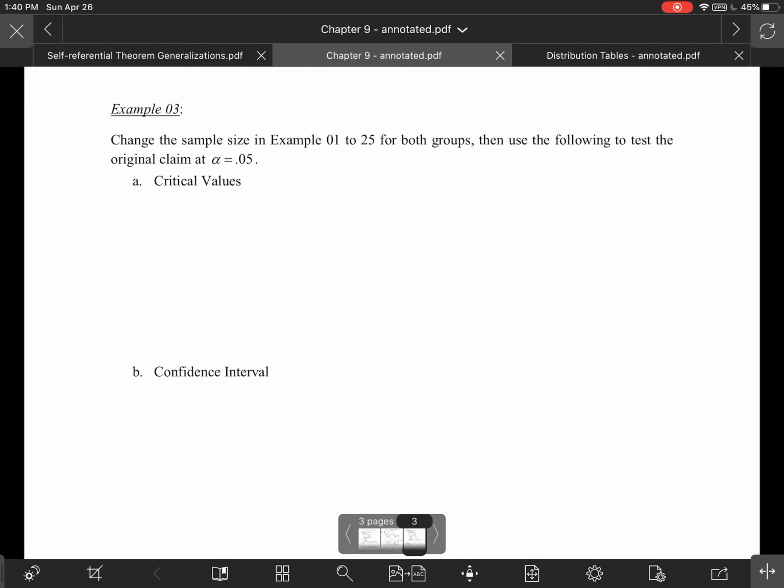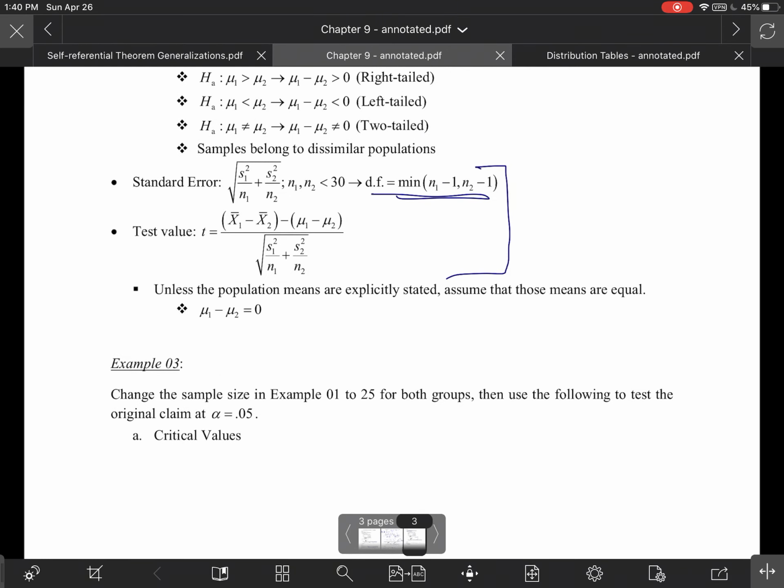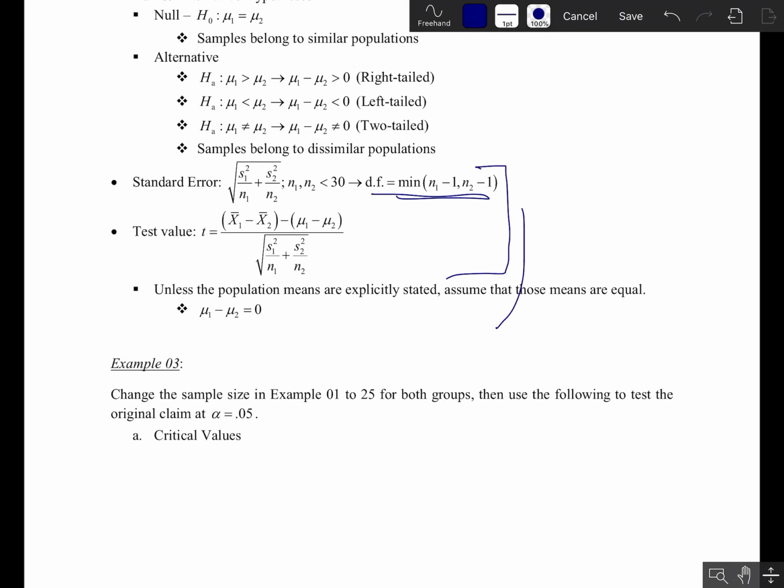For that, we need to use this formula here, that the degrees of freedom that you'll get in these cases will be the minimal number of degrees of freedom between the two sample sizes. So for example, if I took one sample size of 10 people and one sample size of 20 people, then I would use the number of degrees of freedom that's smaller between the two.